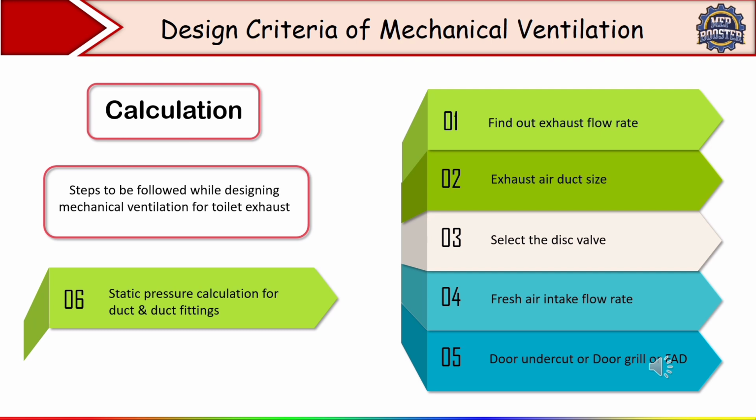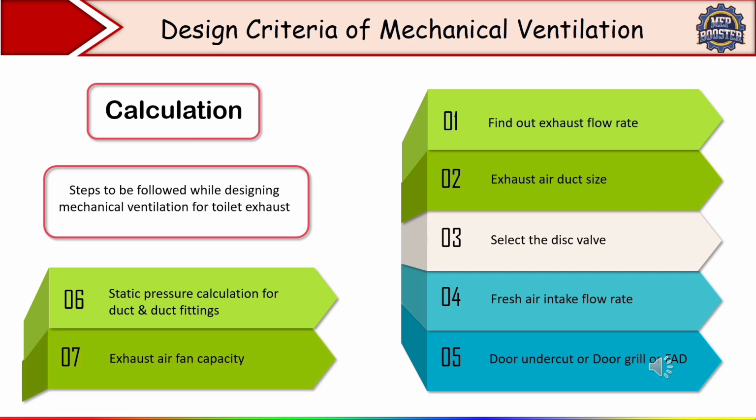Based on that pressure only you will get the capacity of the fan. Now in the 7th point, exhaust air fan capacity. First we have to calculate the static pressure, then only you will get the exhaust air fan capacity. So these are some steps which we have to follow while designing mechanical ventilation for toilet exhaust.